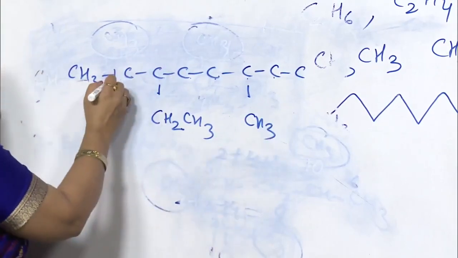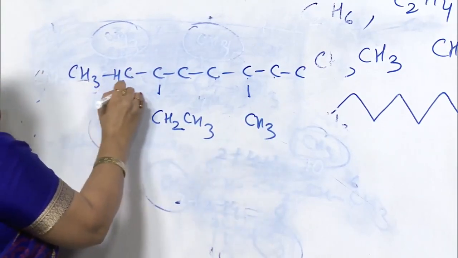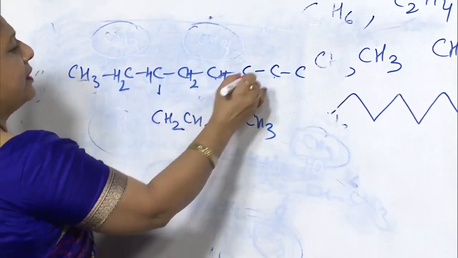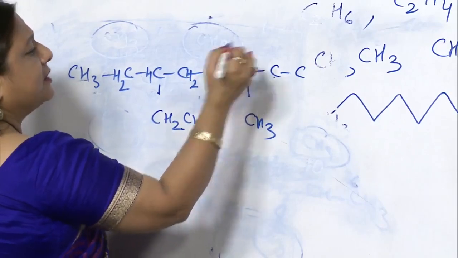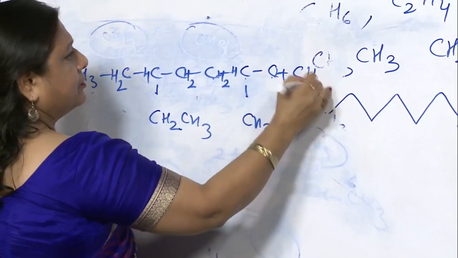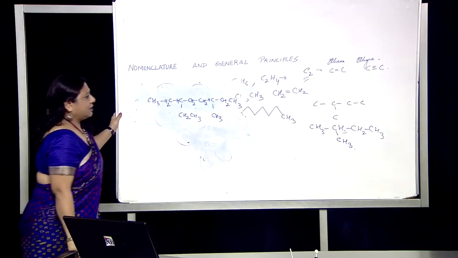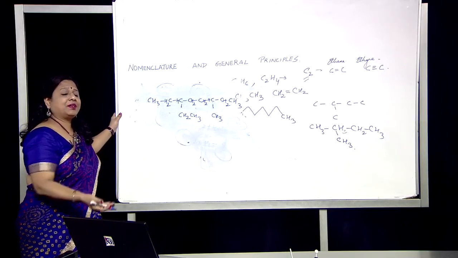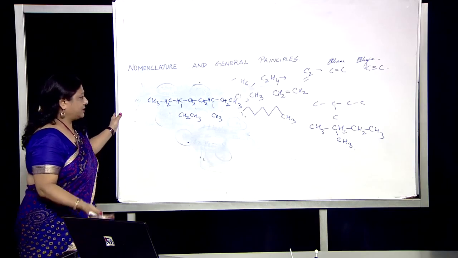Let us satisfy the rest of the carbons with hydrogen. You have to keep in mind that you need to keep the valency of carbon as 4.